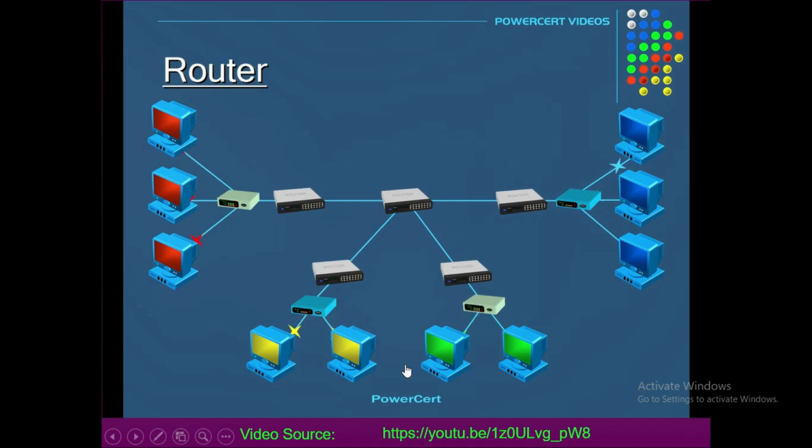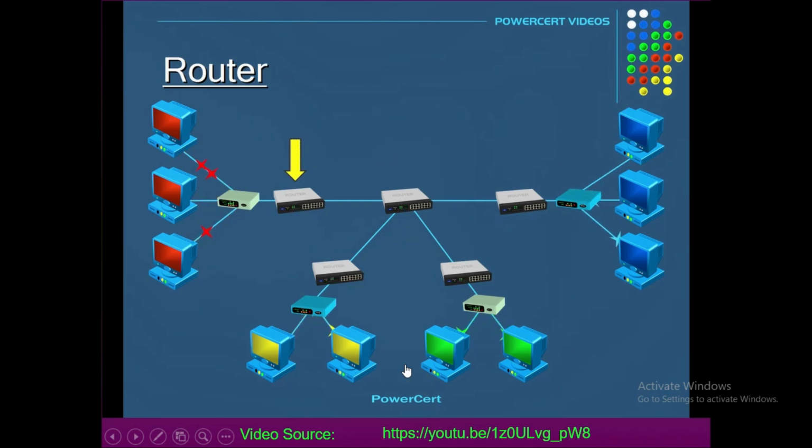Now let's go ahead and exchange data between different networks. So let's say, for example, that this computer here on the red network wants to communicate with a computer here on the blue network. So for this to happen, the data packet has to leave their own network and go out on the internet. So the computer sends their data, and it goes to the network's router.